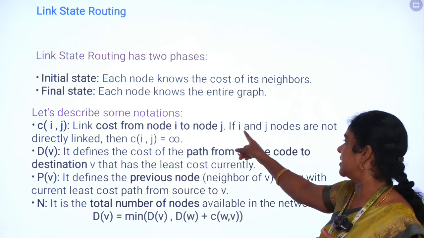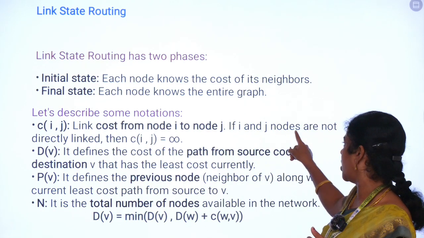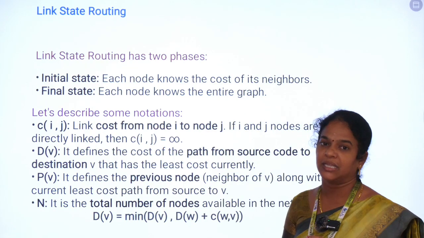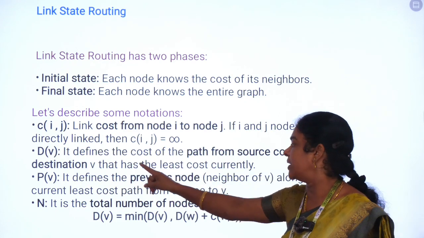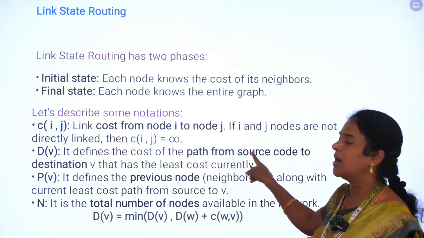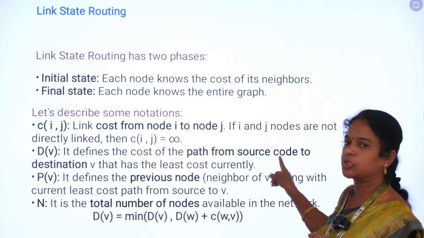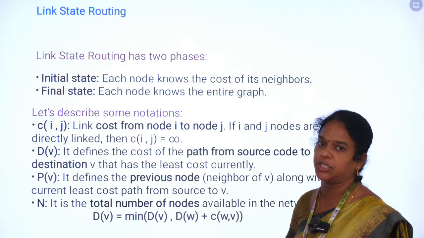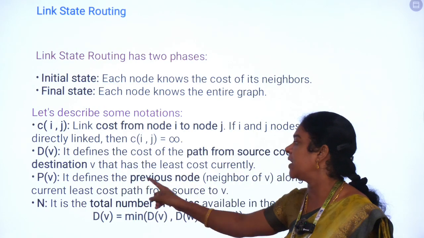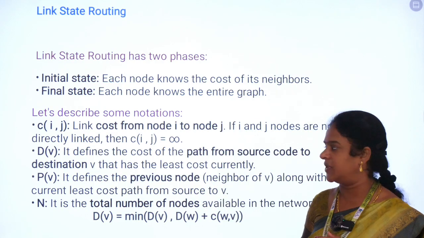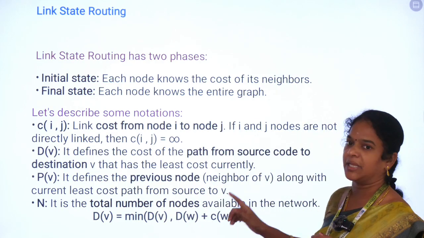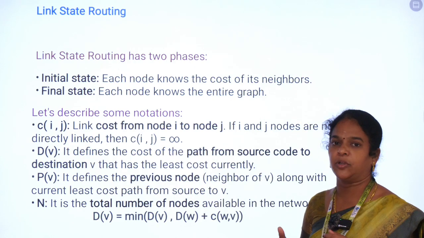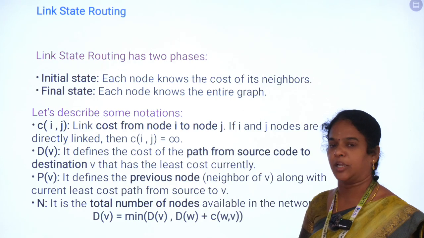If nodes i and j are not directly linked, the cost is assigned as infinity. D(v) is the path cost from the source node to the destination. P(v) is the previous node. N is the total number of nodes available in the entire network.